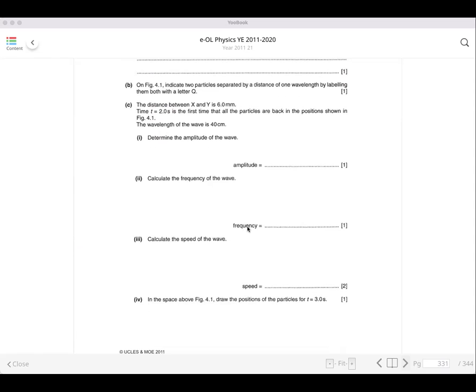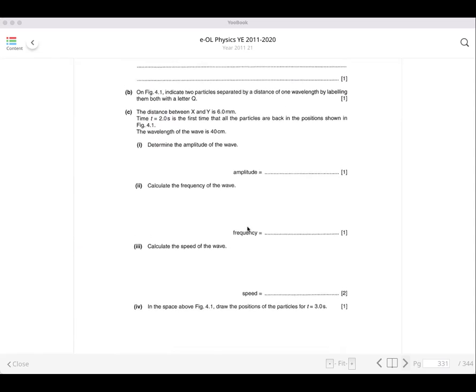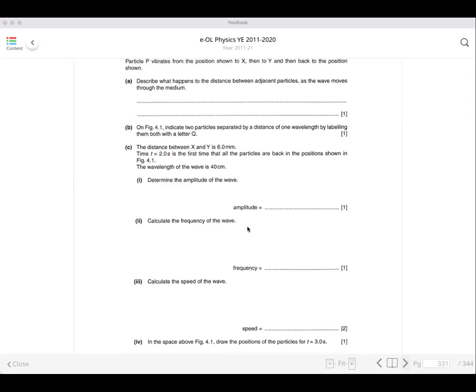Now next, can you all find the speed of the wave? We'll skip part 4. Can you find the speed of the wave?